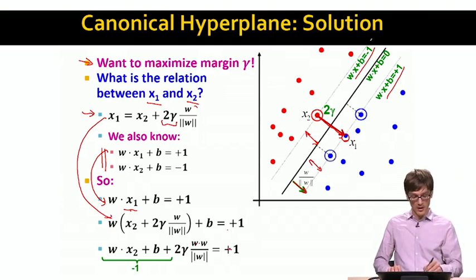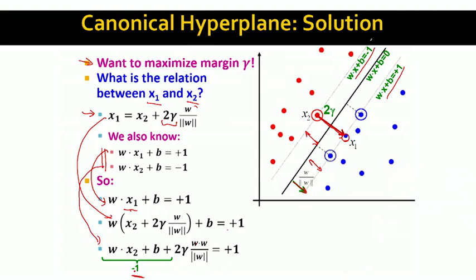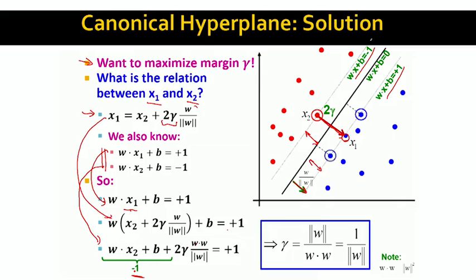What we notice now is that I can use the last equation and notice that wx2 plus b equals minus 1. That's the first thing we notice. And this already solves the whole equation for gamma, right? What we see is that we can solve now for gamma. So we see that gamma equals the length of w times the w dot product with itself.